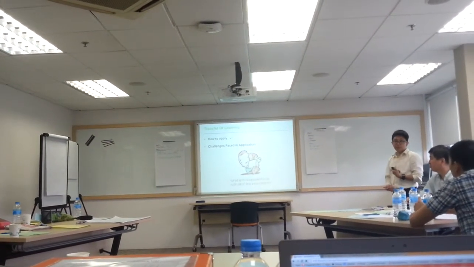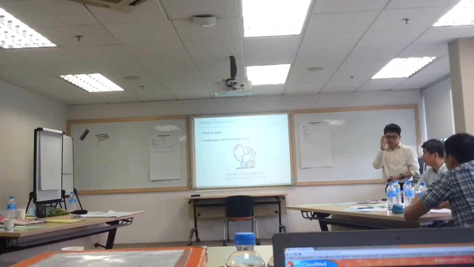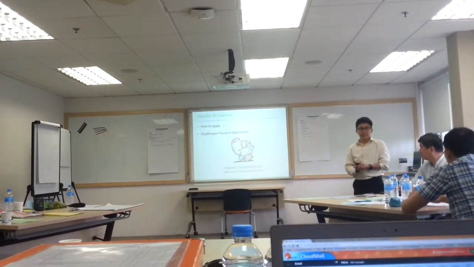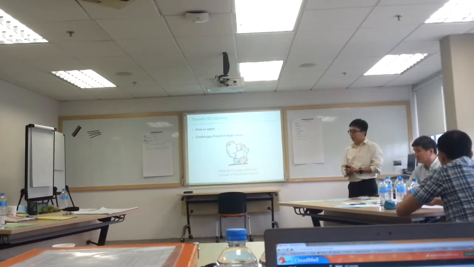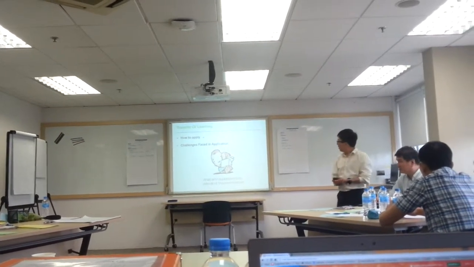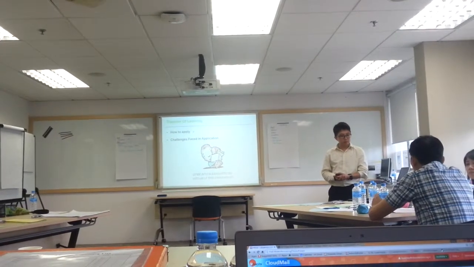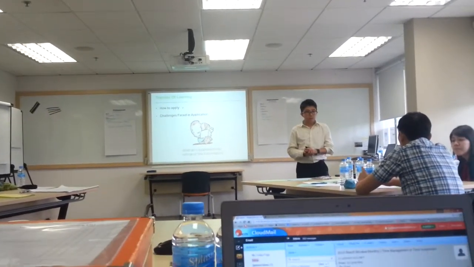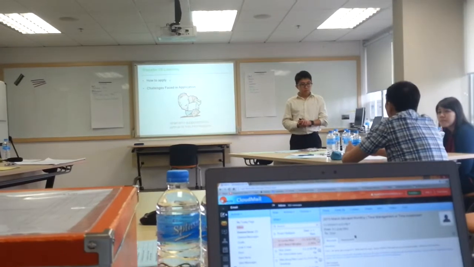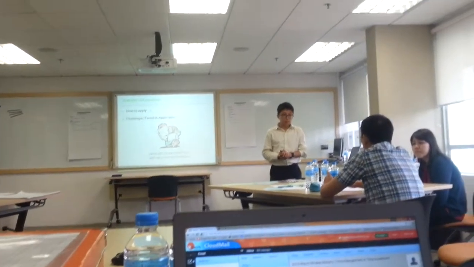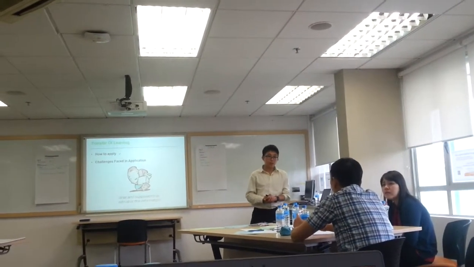So challenges faced in the application. Any idea? With all this information, I have a question. Let's say there are multiple pollutants. What will be the PSI for the highest one? Of course, it's the highest score.